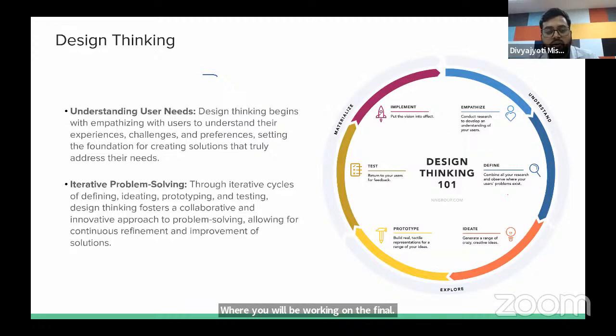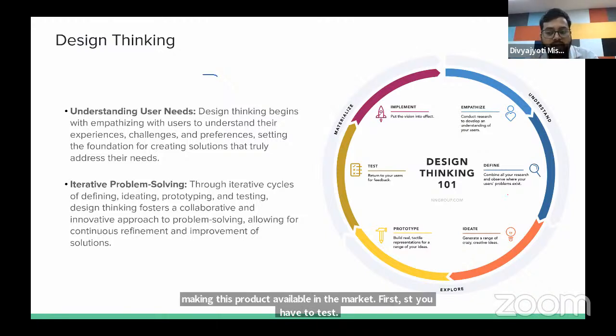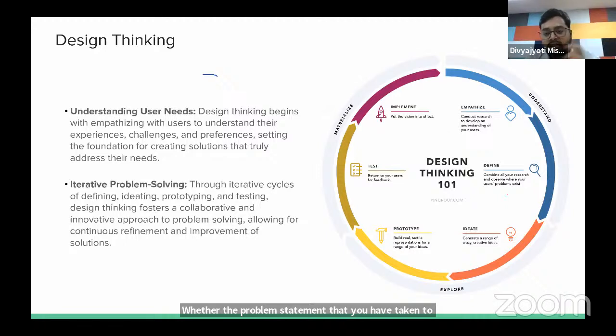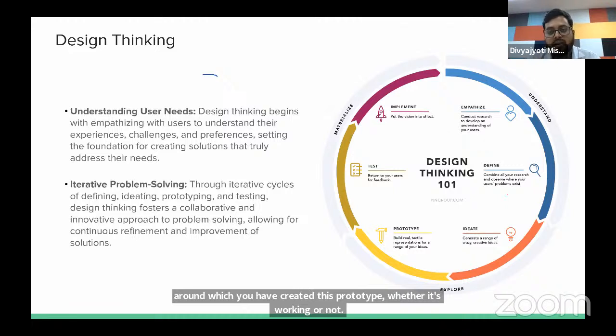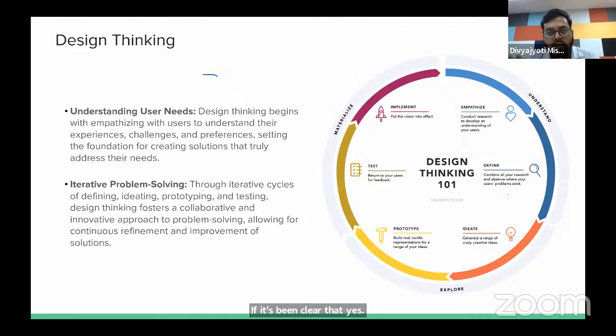Before making this product available in the market, first you have to test whether the prototype you created around the problem statement is working or not. If it is clear that all the parameters you have set for your problem are being resolved by your product, now you can implement this process in real world scenarios.